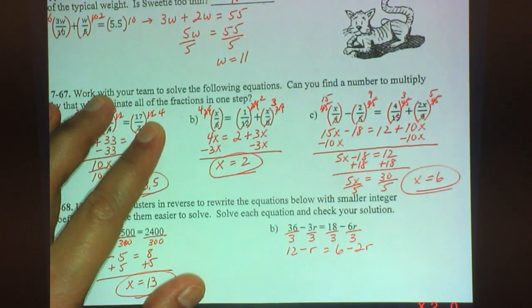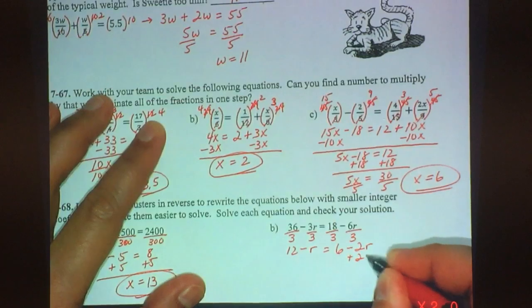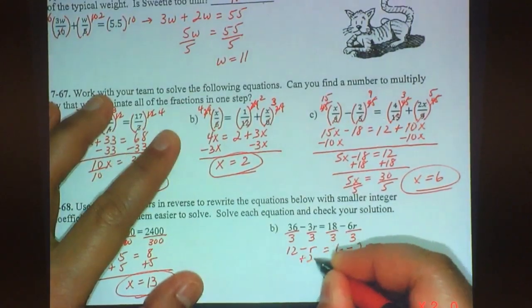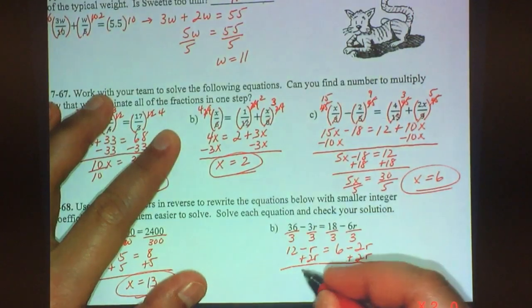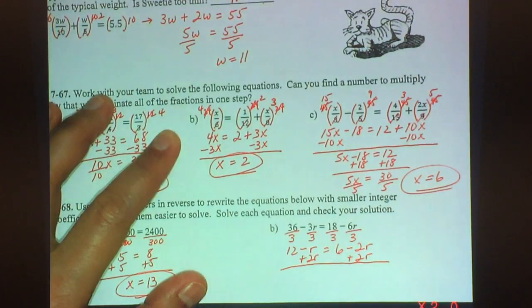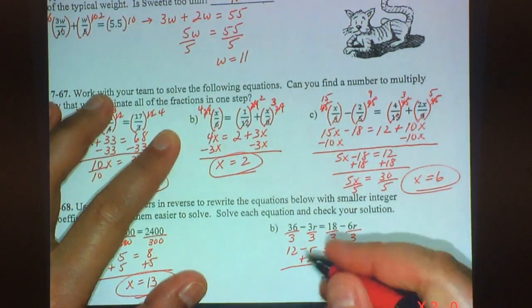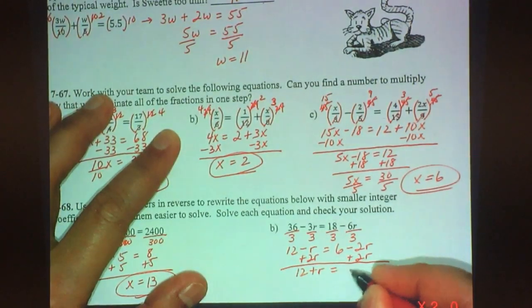Okay, what do I want to do? I don't like a negative in front of my coefficient. So I'm going to add 2r to both sides. So if I have 2r minus 1r, that's just r. 12 plus r equals 6.